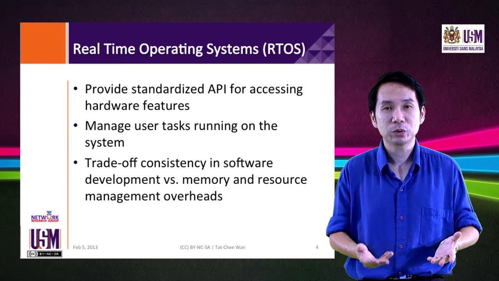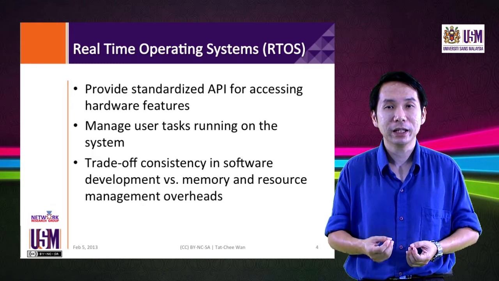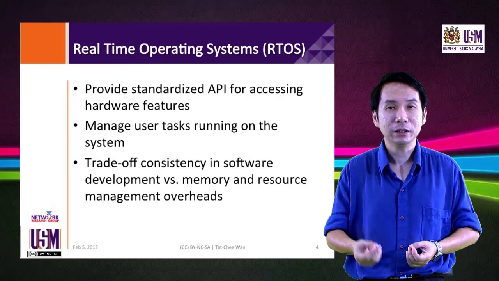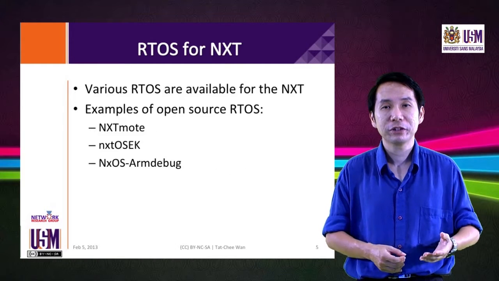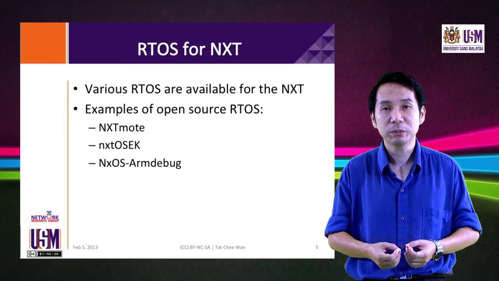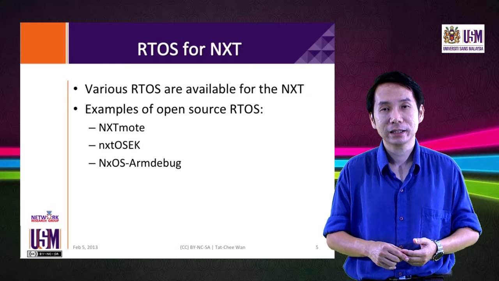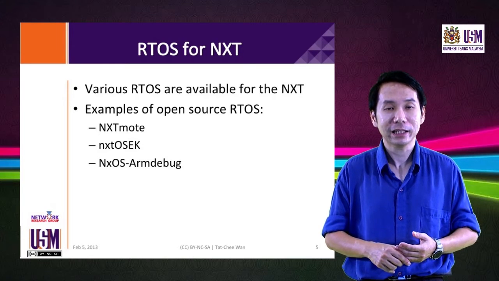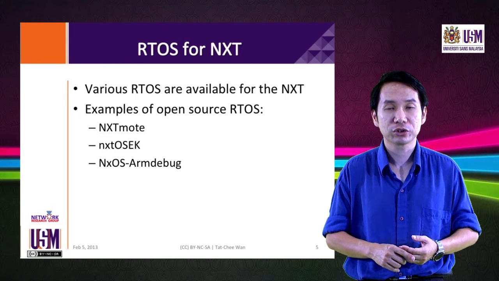So the difference between a real-time operating system and a normal operating system is in how it deals with inputs and events. There are various real-time operating systems available for the NXT. Some examples of open source RTOS include NXT Mode, NXT OSEK, as well as NXOS ARM debug used in this course.